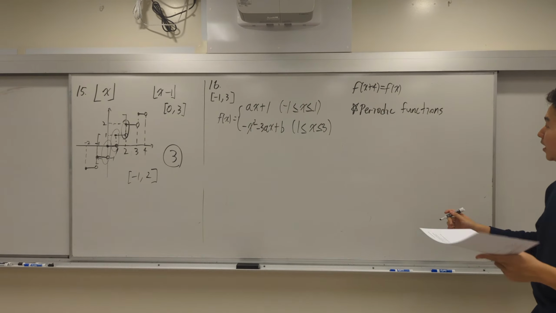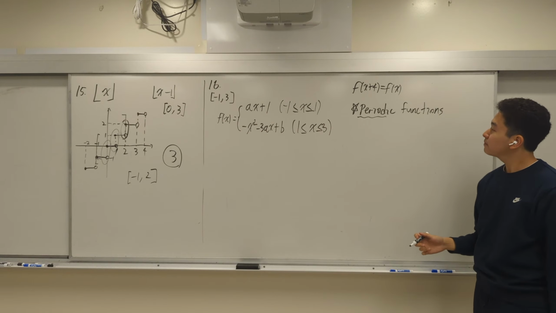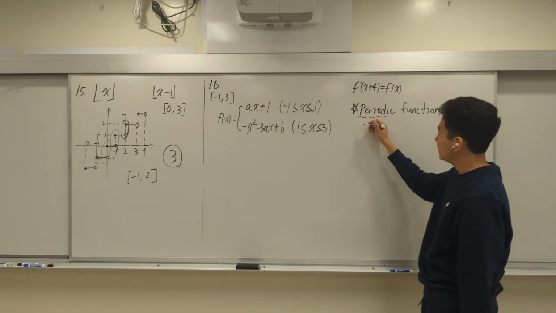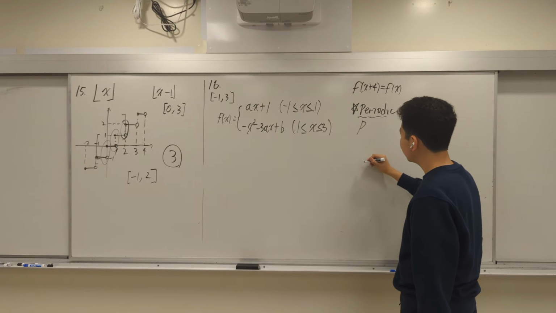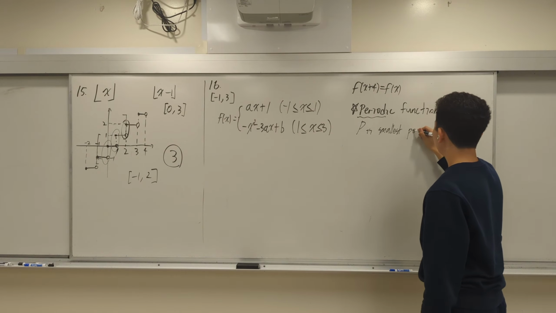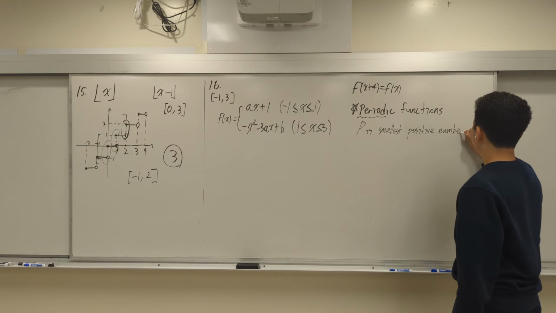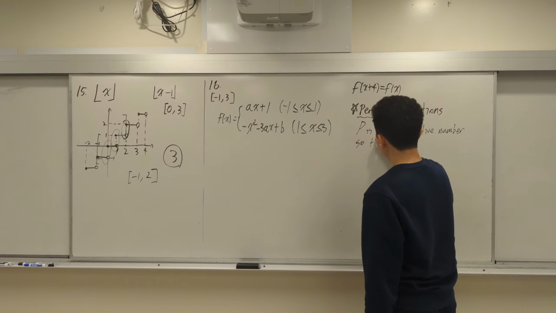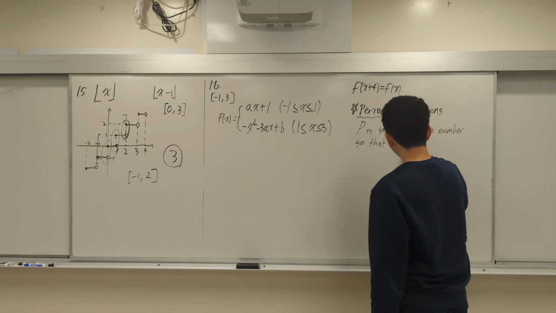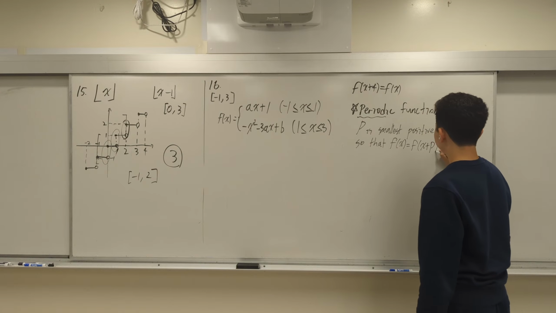But if you haven't, let's take a look. Periodic, it has a period. So period we usually denote as p, and p is the smallest positive number that you can choose so that f of x equals f of x plus p.